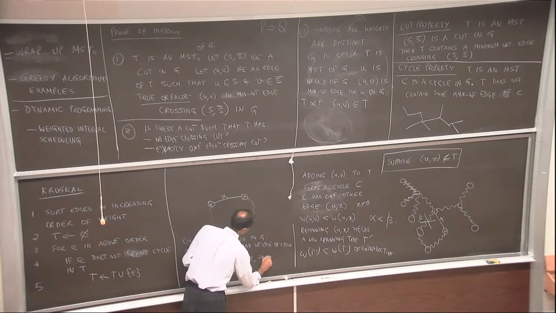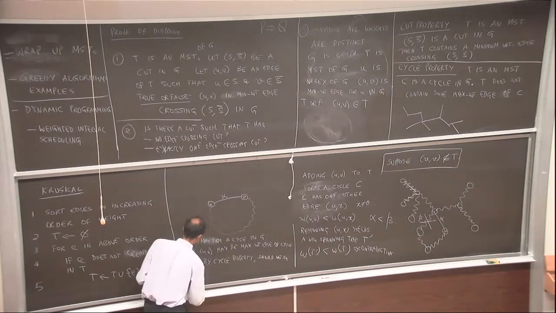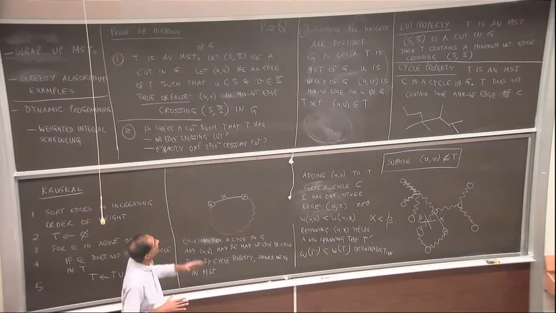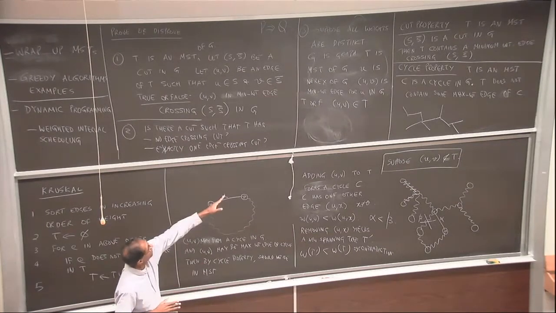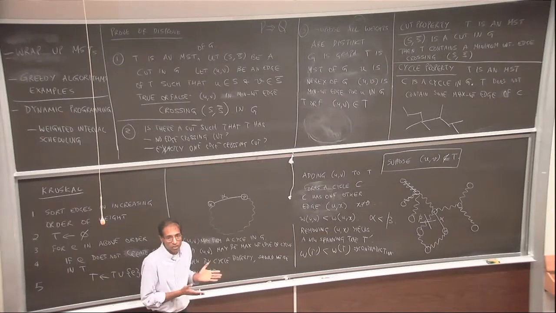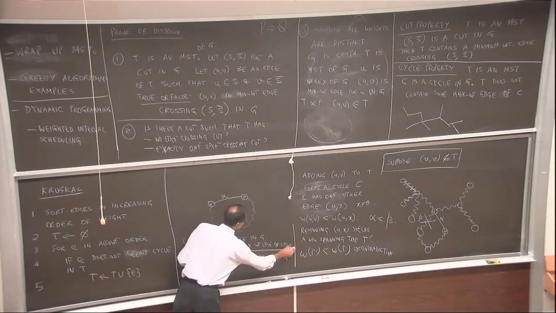That was the argument trying to argue that this statement is actually false, because our question was, is UV belonging to the tree or not? And the statement was, oh, it's possible that this statement is false. The only problem is, this cannot be true.